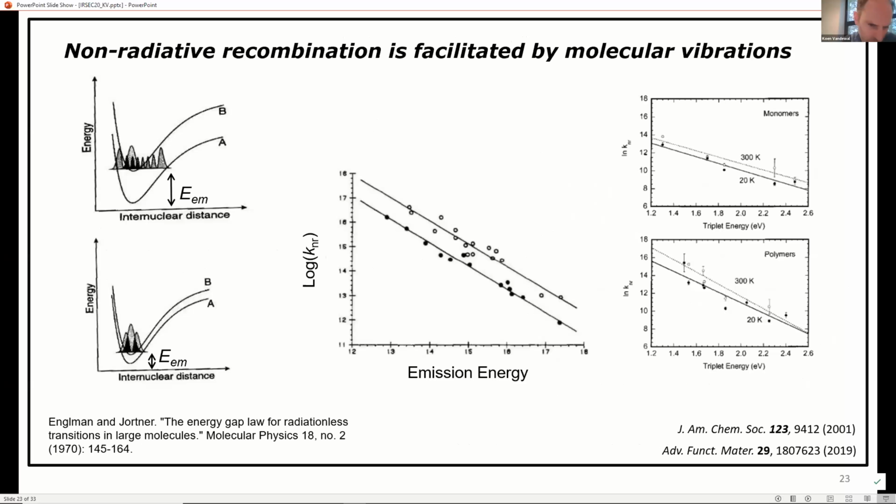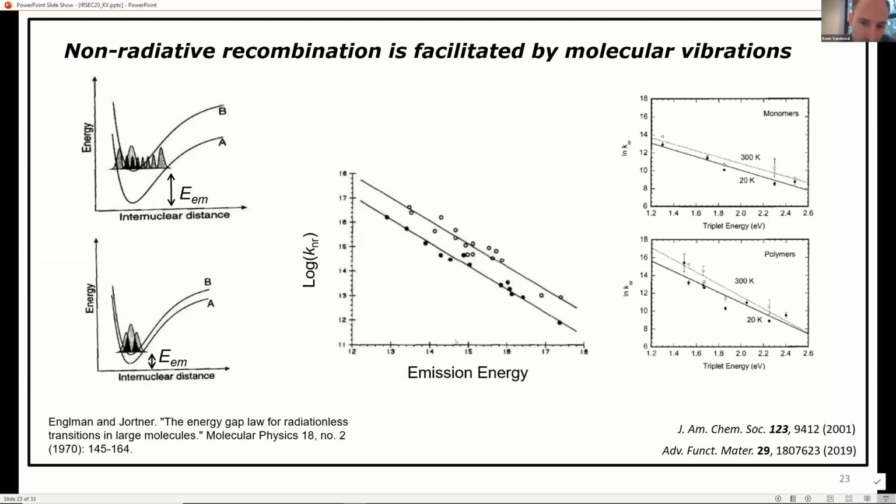Actually, if you look in the very old literature on organic molecules and radiative and non-radiative recombination in organic molecules, you often see plots like this. Again, on the x-axis is the emission energy or band gap, and on the y-axis is now the non-radiative decay rate, so the speed of non-radiative recombination.